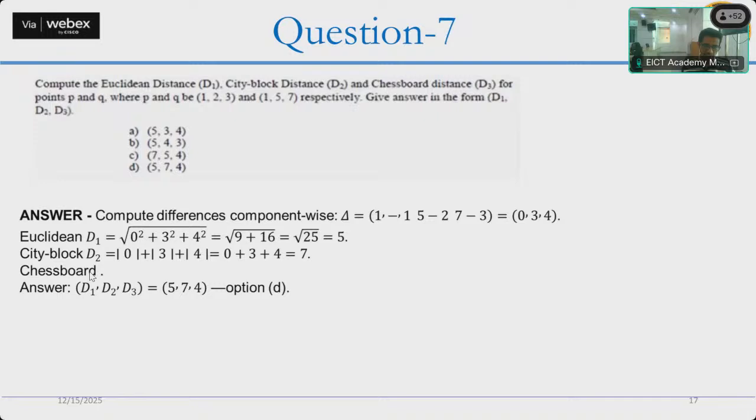Then we calculate the chessboard distance. In chessboard distance, you take the maximum.